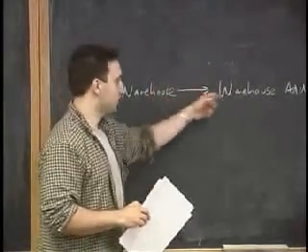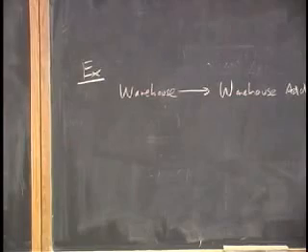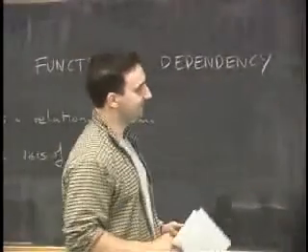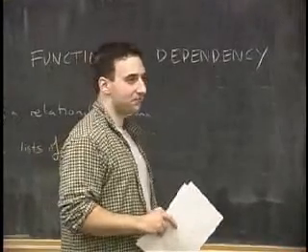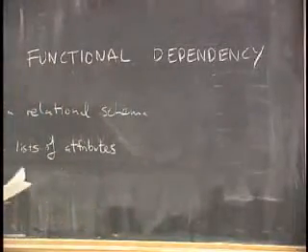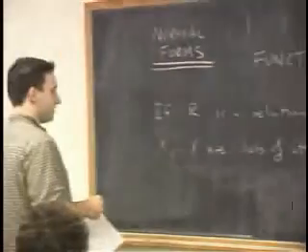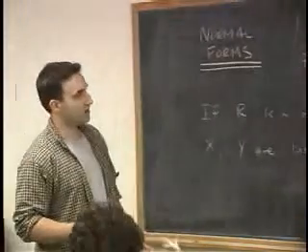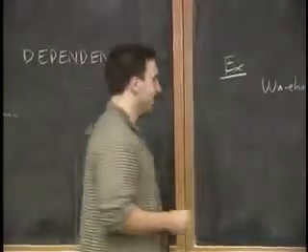Yeah, I said it backwards. Okay, warehouse address is functionally dependent on warehouse. Warehouse functionally determines warehouse address. It's probably one-to-one, but not necessarily. In any case, warehouse address is functionally dependent on warehouse. I should write that down.